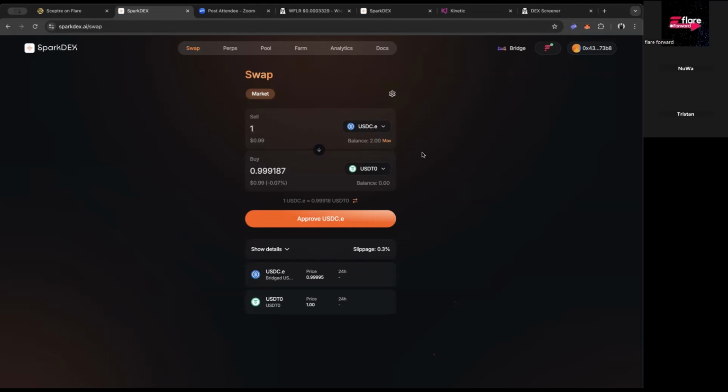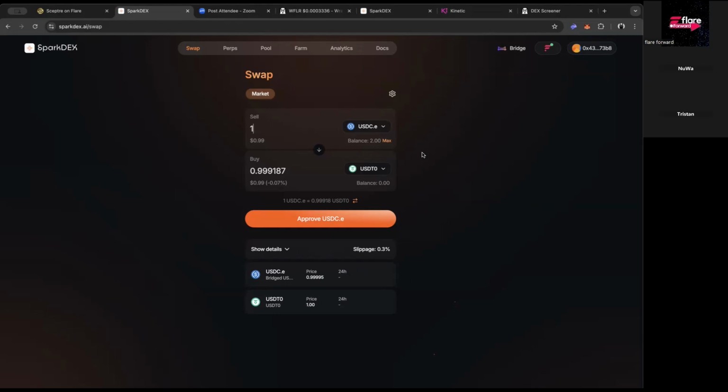The problem is that I cannot send USDC to Flare unless it's native. So USDT0 is as close to a native stablecoin as we're going to get for now. Okay. It's pretty interesting. The amount of liquidity that it's going to bring into all these ecosystems is going to be pretty impressive.